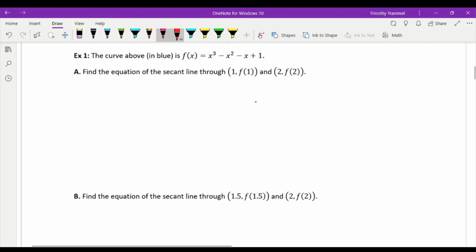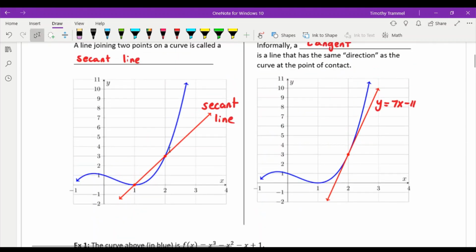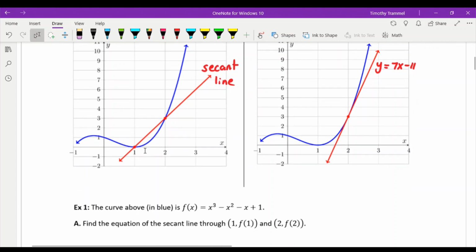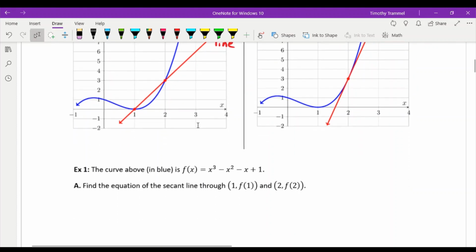All right, so next question here, or first example. Find the equation of the secant line through (1, f(1)) and (2, f(2)). So this is actually the one that's graphed up here. We're going to compute other ones that aren't graphed in front of us at the moment, but let's start off with that one.